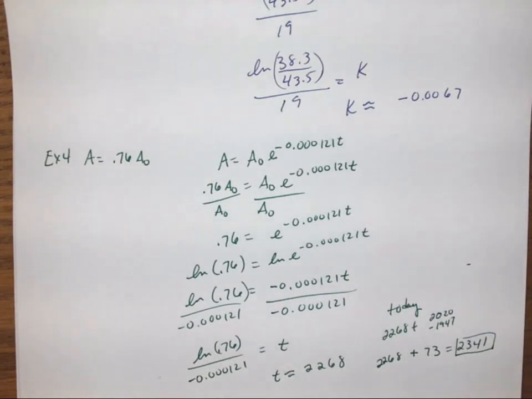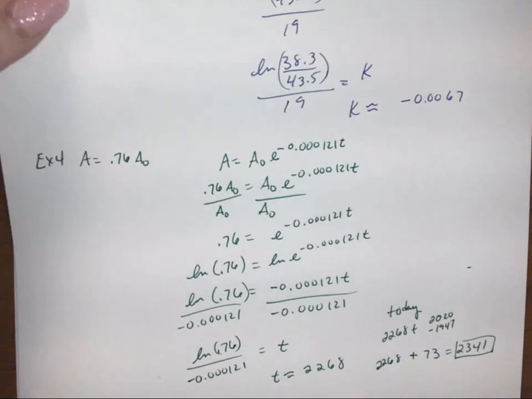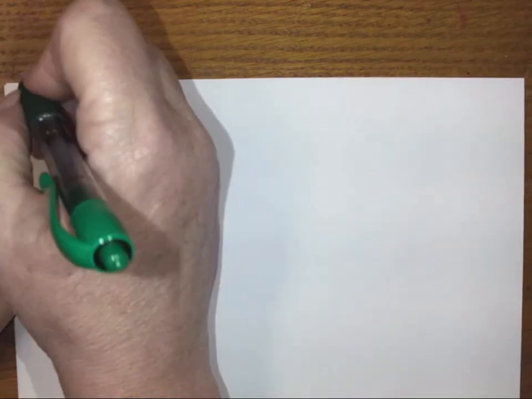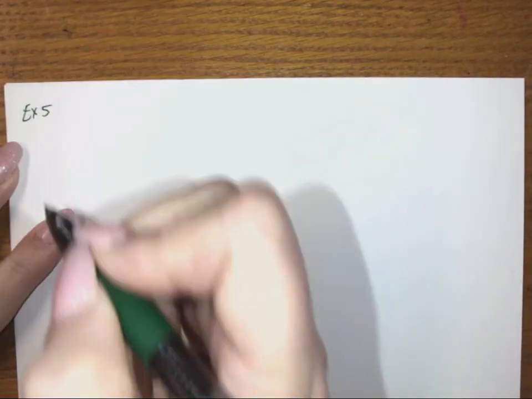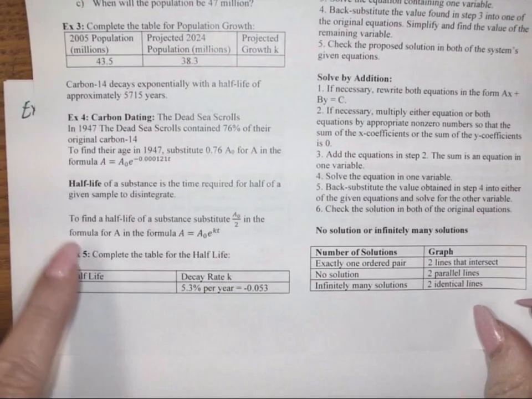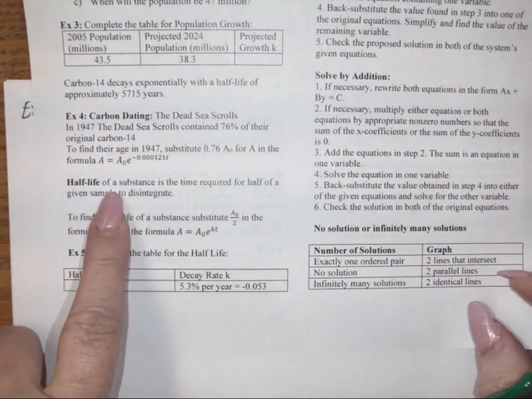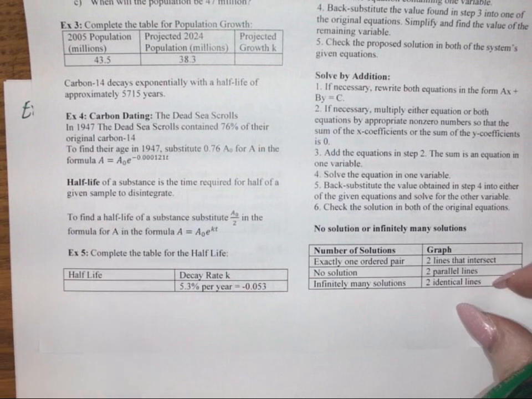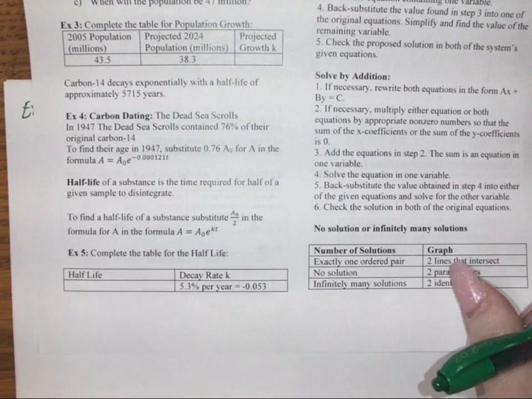All right, so let's go look at another example. We're looking at example 5. So for example 5, we're looking at a couple other little things first. We have the half-life of a substance as the time required for half of a given sample to disintegrate.